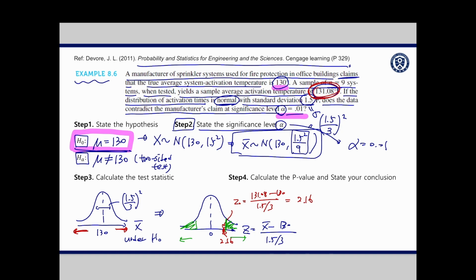In step 4, the p-value is the probability of Z greater than 2.16 multiplied by 2, because it is a two-tailed test. This probability is 0.015, multiplied by 2 equals 0.03.